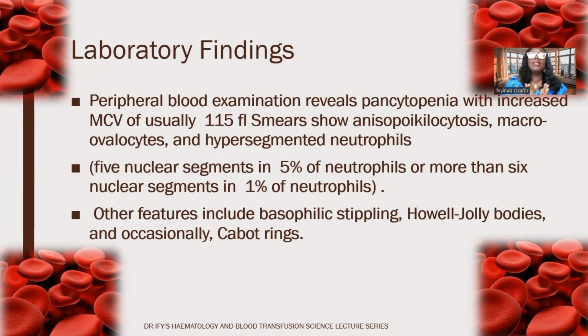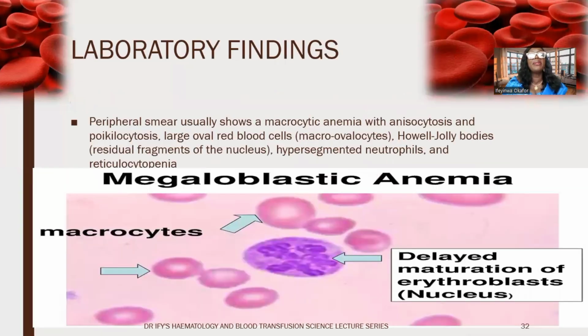A peripheral blood smear shows anisocytosis, poikilocytosis, macro-ovalocytes, and they also show hypersegmented neutrophils. Other features that you can observe are basophilic stippling, Howell-Jolly bodies, and occasionally Cabot rings.